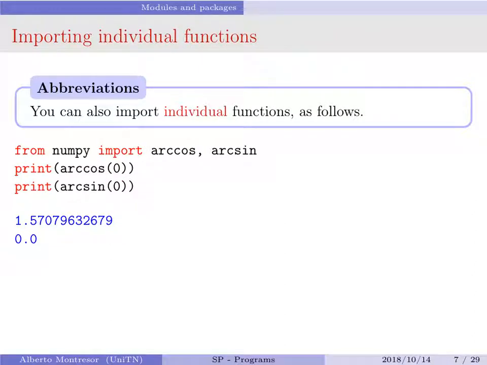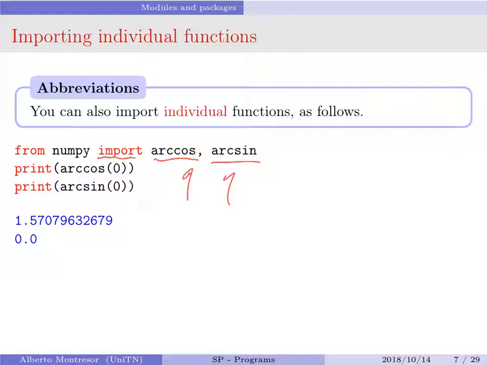Sometimes you prefer to avoid importing a large amount of definitions inside your namespace, inside your program. Maybe you are just interested in something very specific, like arccos, arcsin. So you can import these specific functions by saying from numpy import them.